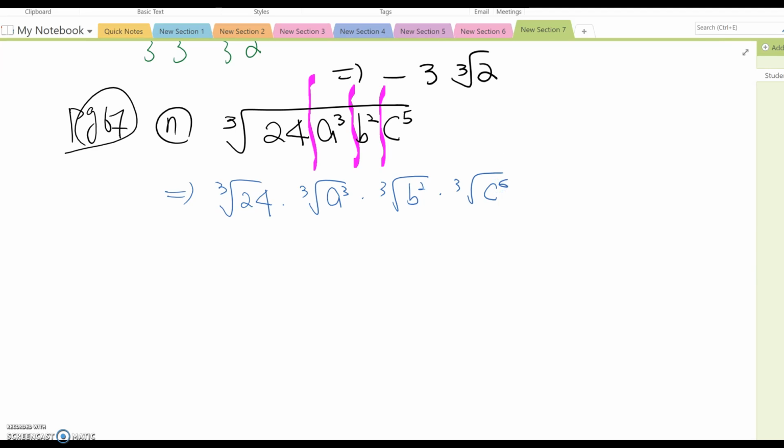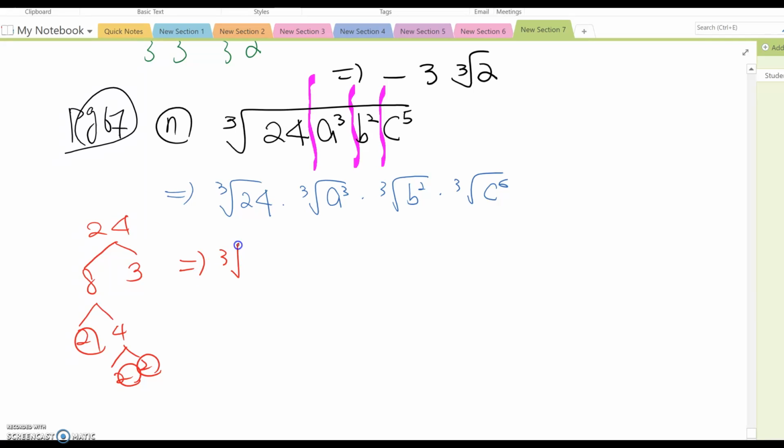Now 24, you need to find its prime factorization. So this is 8 times 3, 2 times 4, and 2 times 2. So we have 2 cubed here, so you can rewrite this as cubic root 2 cubed times 3, and cubic root a cubed.